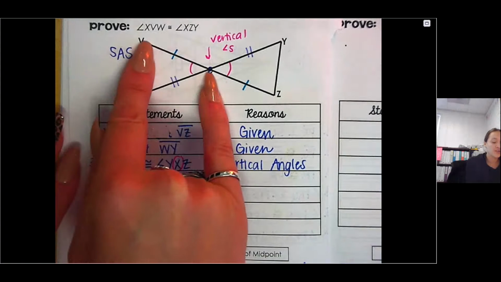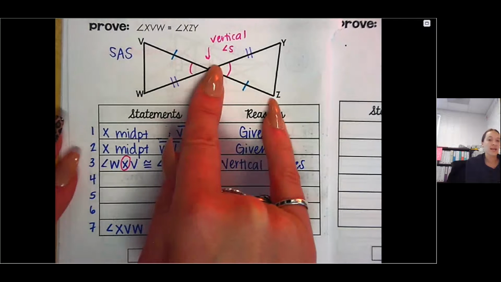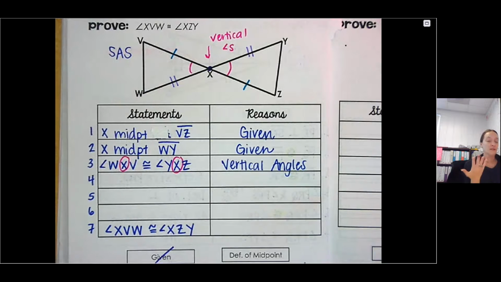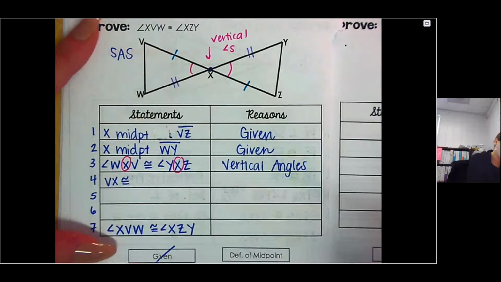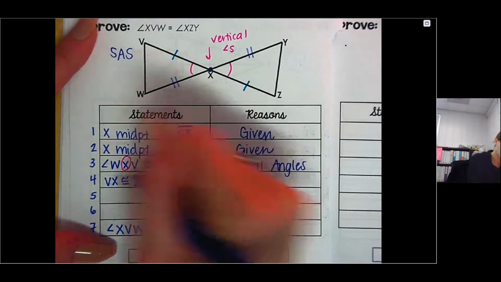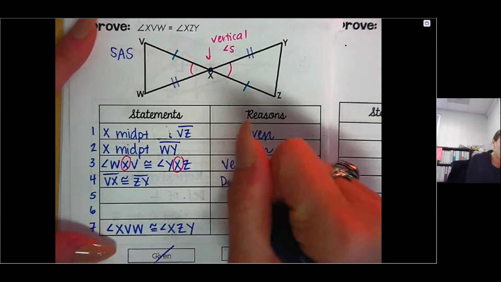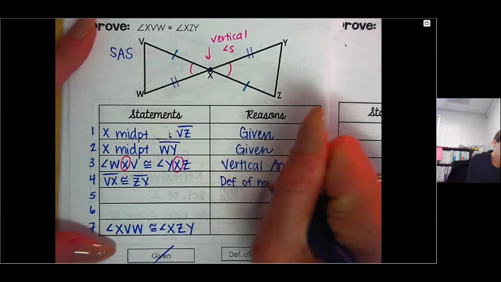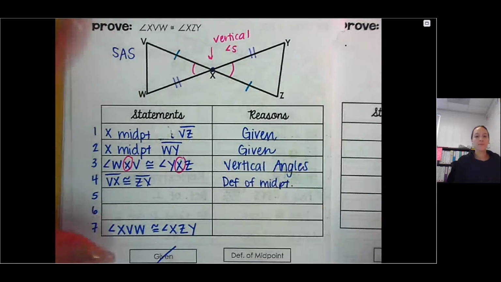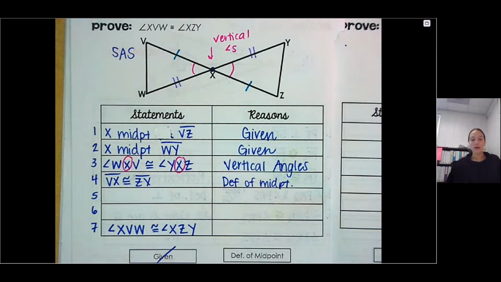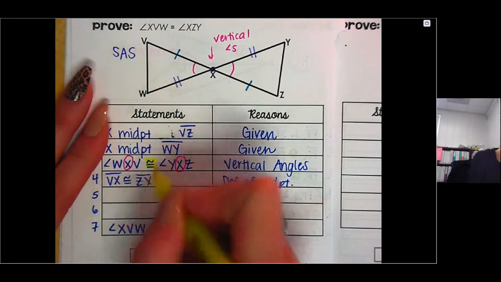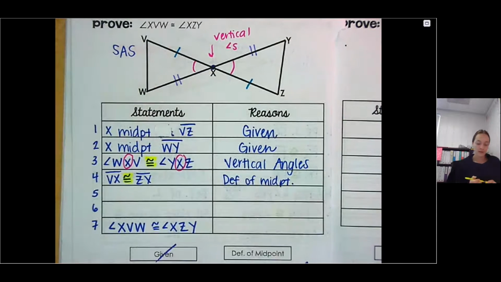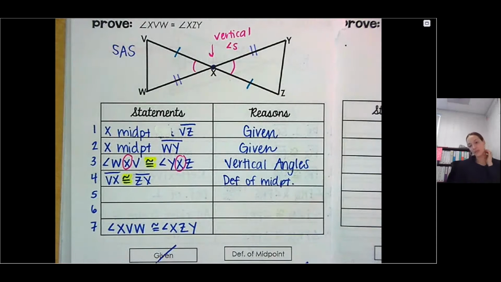VX is congruent to ZX, and that reason is definition of midpoint. Good. So VX is congruent to ZX, and we knew that because of that word midpoint. Okay, and I should actually have highlighted my pieces there.